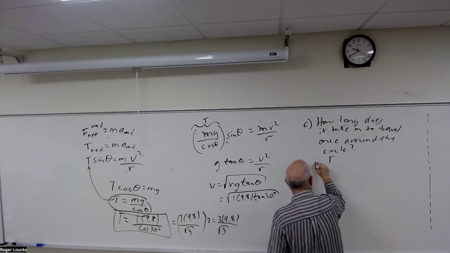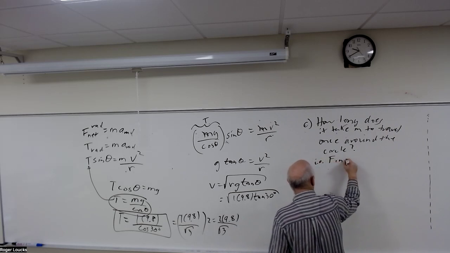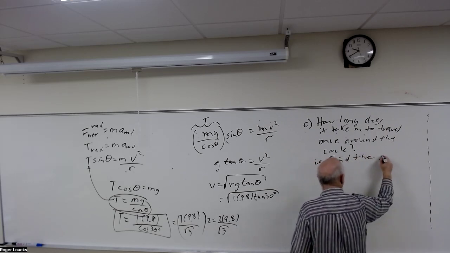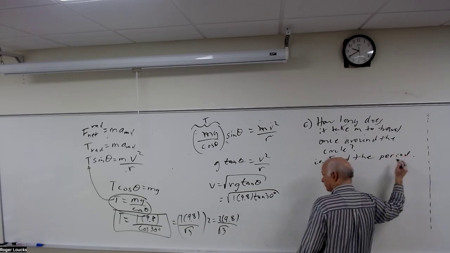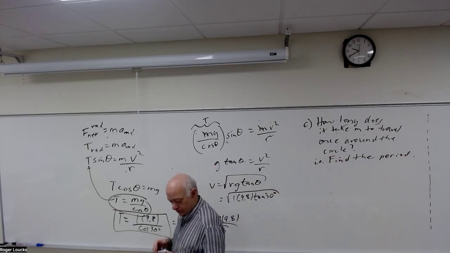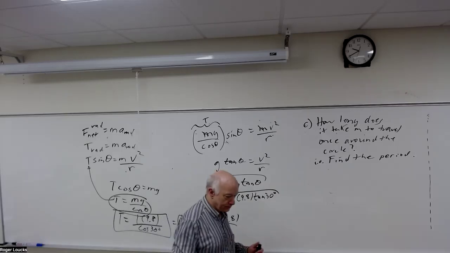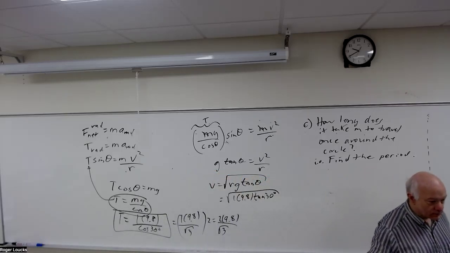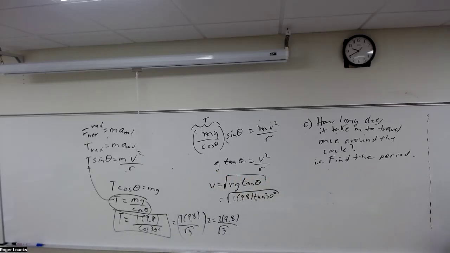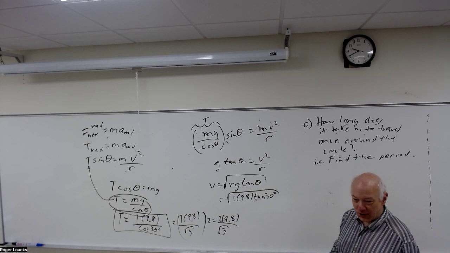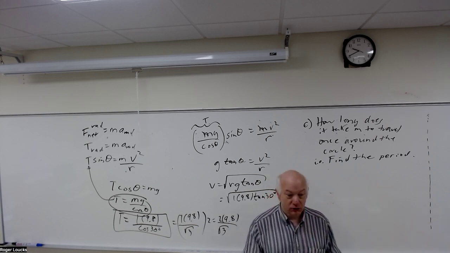In other words, find the period. What do we do with that? Hey, what's the distance around a circle? The circumference, which is 2 pi r.